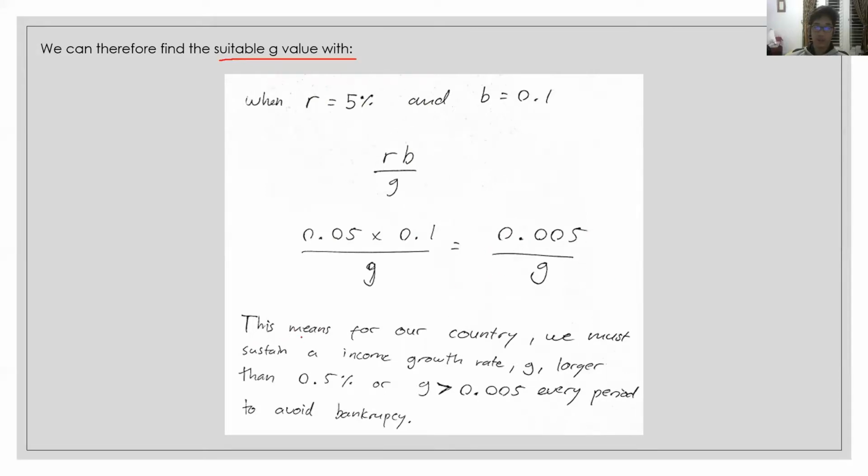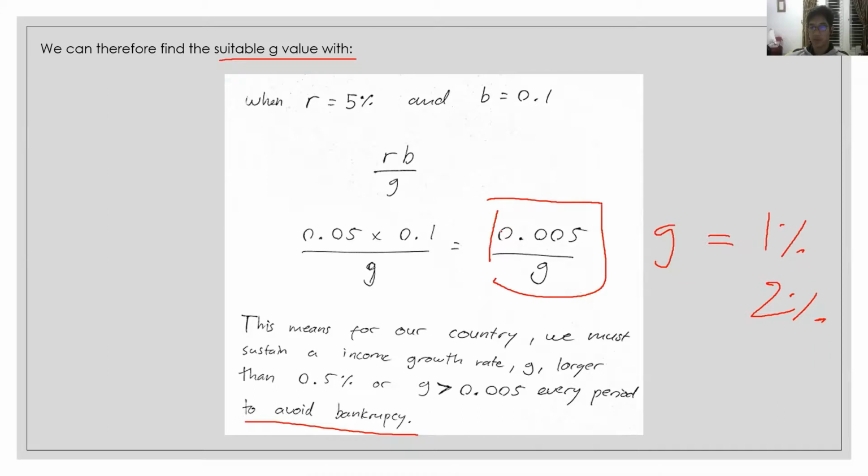This means in order for our country to not go into bankruptcy, we must sustain an income growth rate of g larger than 0.5%, or g larger than 0.005, every period to avoid bankruptcy. So g as in growth rate can be 1%, 2%, anything as long as it is over 0.005.